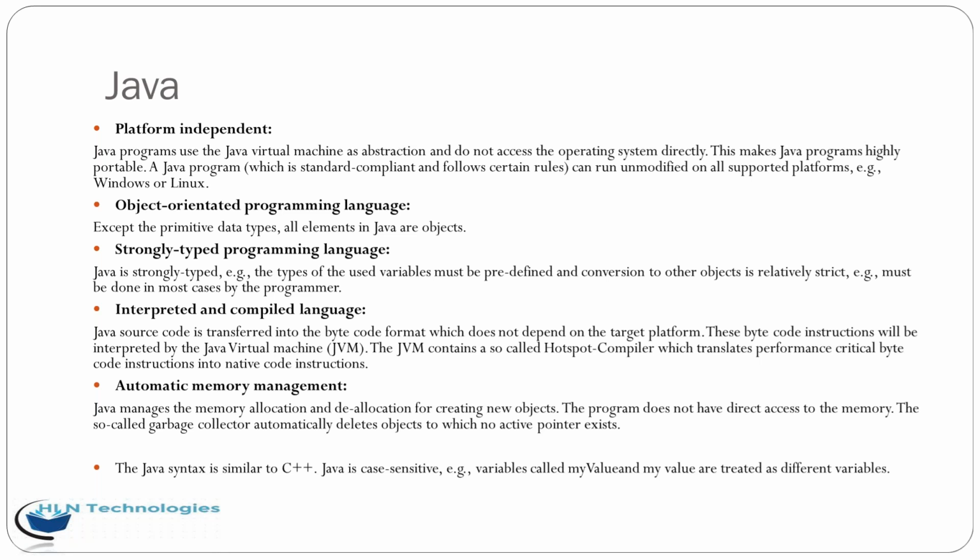Once the developer has written Java code, I can run it on any platform. At runtime, the Java compiler will compile that code. The bytecode instructions will be interpreted by the Java virtual machine, so it depends on the JVM. The JVM contains a so-called hotspot compiler, which translates performance-critical bytecode instructions to native code instructions.